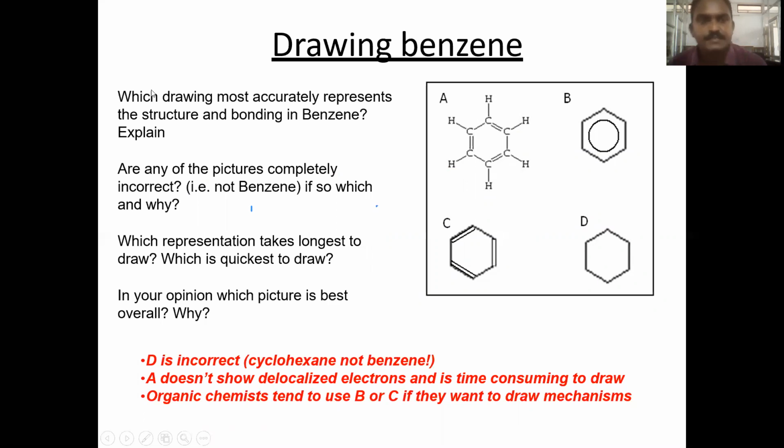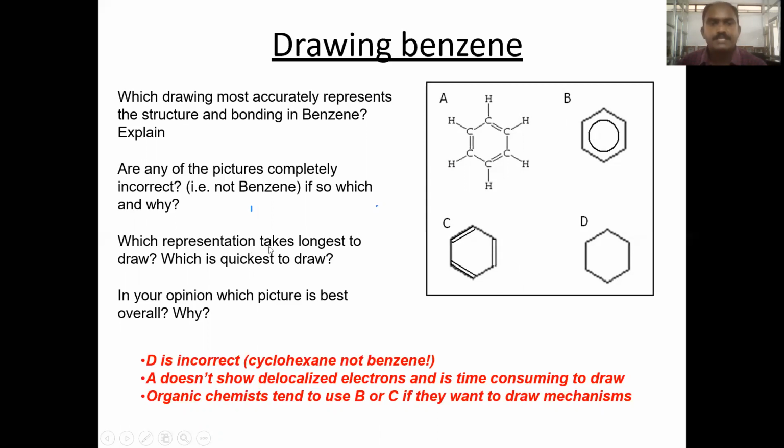So the first question, which drawing most accurately represents the structure and bonding? The structures would be B and C. Why? Because B structure is a hybrid of both structures, where we have drawn a circle in between. And we can represent the benzene structure like this also. Which of the structures is incorrect? The D structure is incorrect because it does not have double bonds.